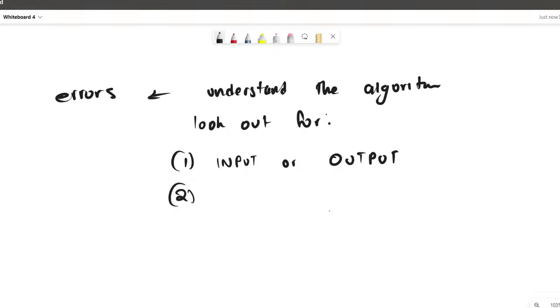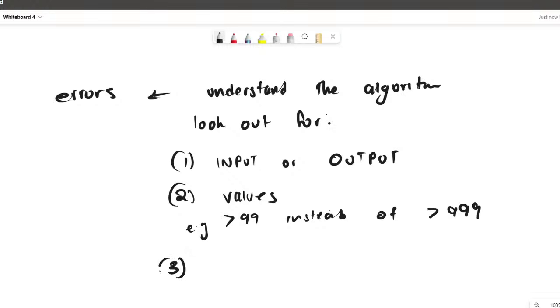Look out for that. The next thing they can trick you with is values, like greater than 99 instead of greater than 999. Many times they give you the wrong value. The next one may be the for loop, the number of times repeated.